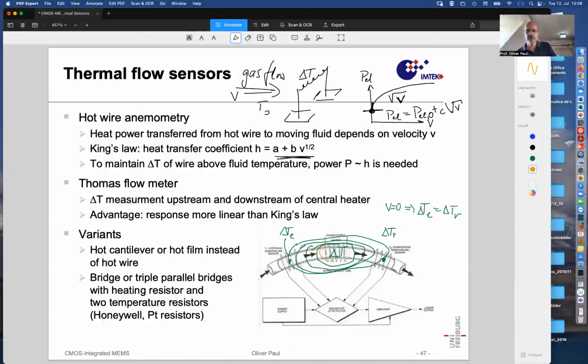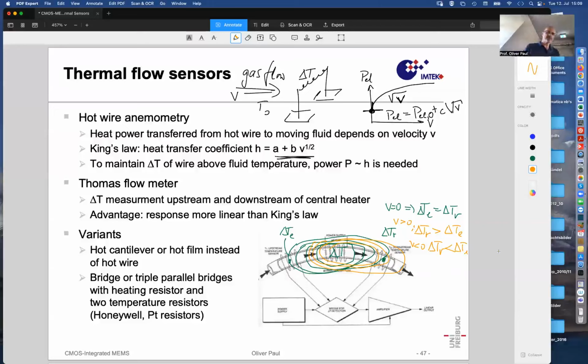So this isotherm profile gets distorted towards the right, so that delta T right will be larger than delta T left for V positive. And for V negative, the opposite will be true. Delta T right will be smaller than delta T left, because this temperature profile is shifted to the left instead of to the right.